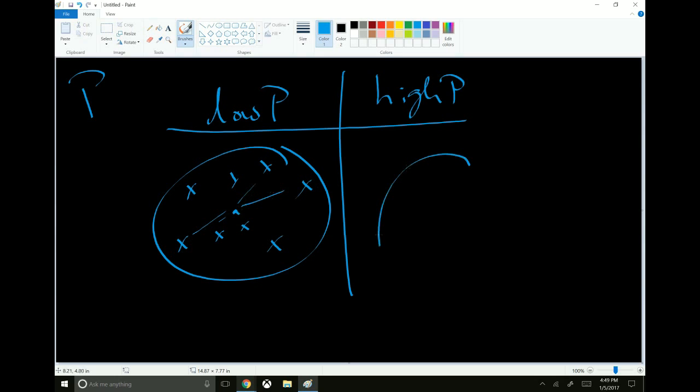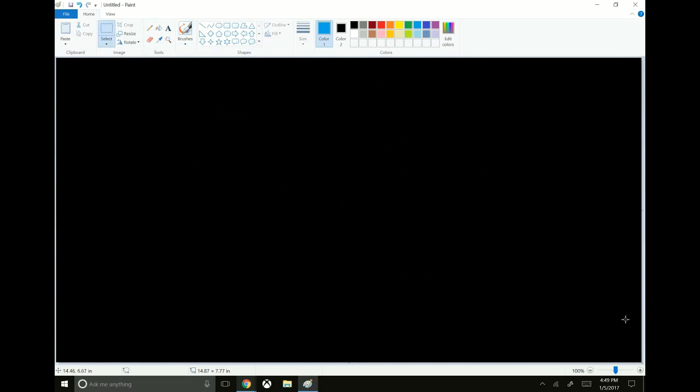High precision means that they're all grouped much more closely around the target. Low random error, low noise. Now, accuracy is talking about bias.